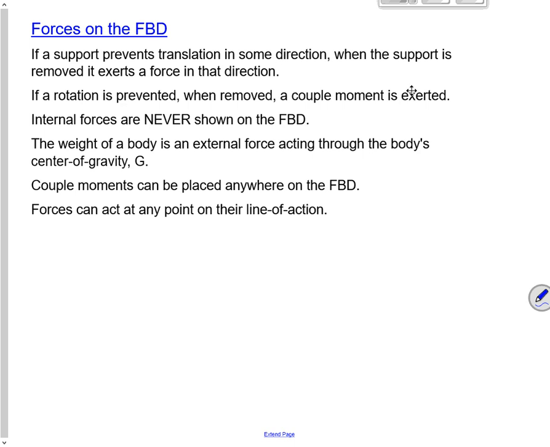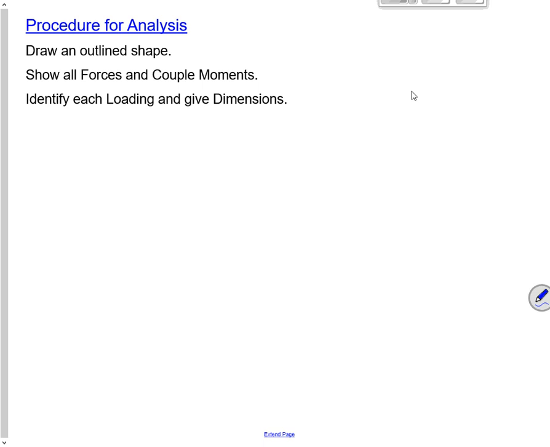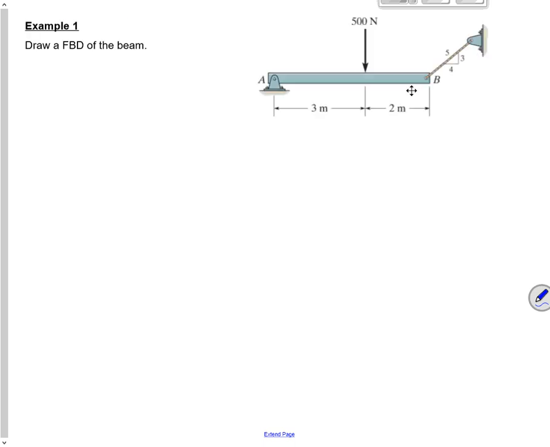I always assume the weight of a body is an external force acting through the body's center of gravity, G. I can put couple moments anywhere I want to on a free body diagram because they're free vectors. And forces I can put anywhere along their line of action. So the basic plan is you draw an outlined shape, show all the forces and couple moments, identify each loading, and give dimensions.